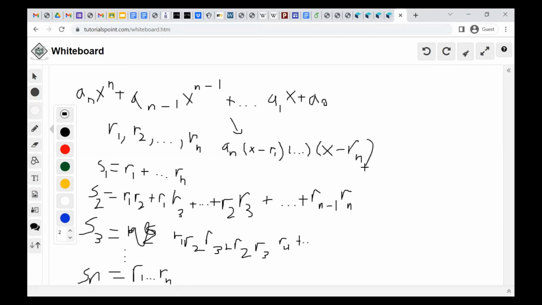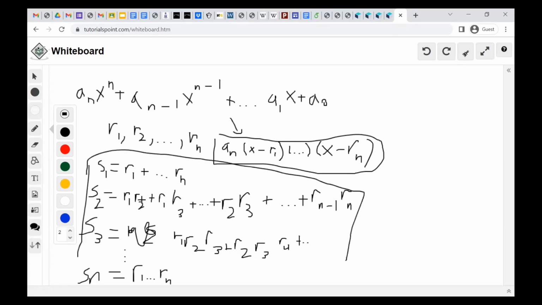Now we can expand this polynomial and compare its coefficients with the original polynomial, and they have to be equal. That gives us a relationship between the roots, more specifically these symmetric sums of the roots, and the coefficients.